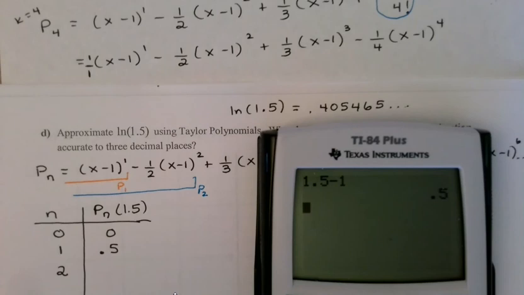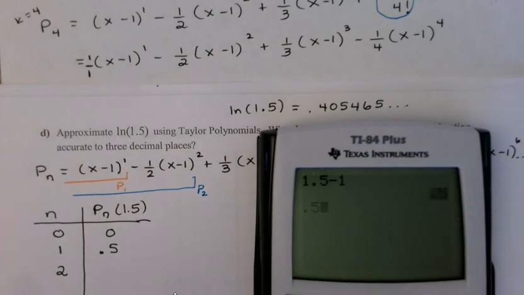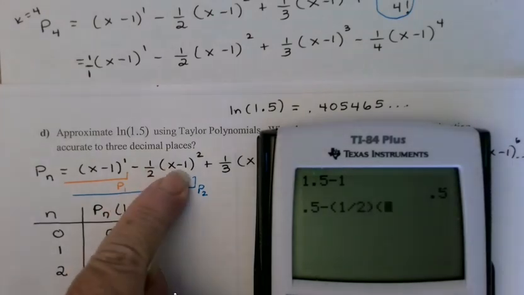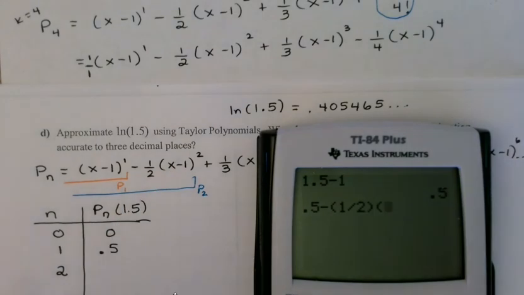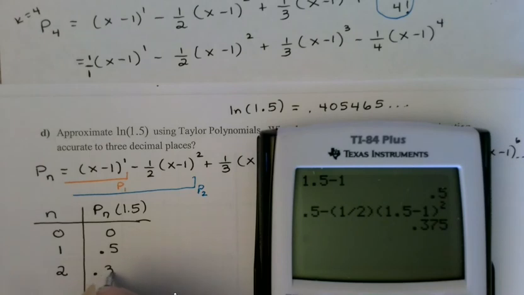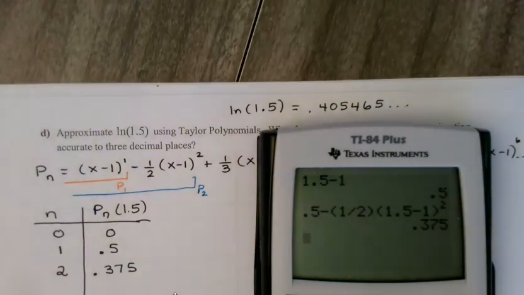I'm going to subtract 1/2 times 1.5 minus 1 squared. And I get 0.375. Okay, let's keep going.